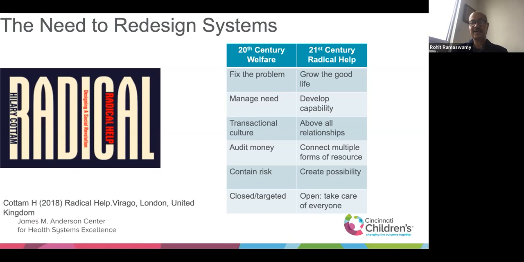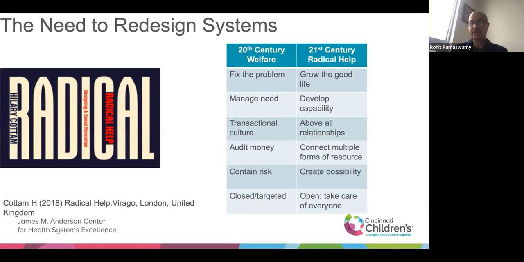So really thinking not about how we have traditionally addressed issues in the past as siloed, one-at-a-time approaches, where we have a problem and we're fixing the problem, where if we have a need, we do a needs assessment and try and think about how do we manage the need.